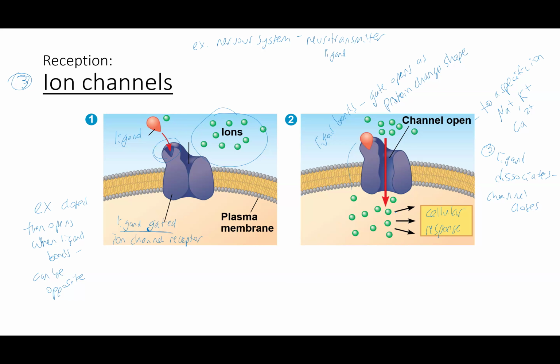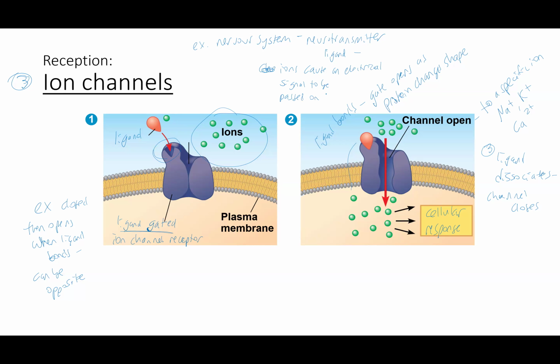Those ions have a charge, and that charge can cause an electrical signal to pass on to the next cell. So the message is transmitted both electrically and chemically. The neurotransmitter is a chemical ligand that bonds and will allow ions to come through. Then we have charged ions which build up enough to cause an electrical signal, which will pass through to the next cell, which then can open.